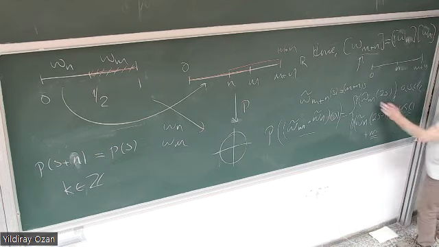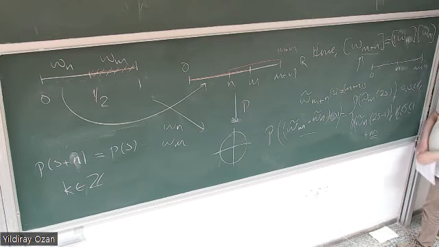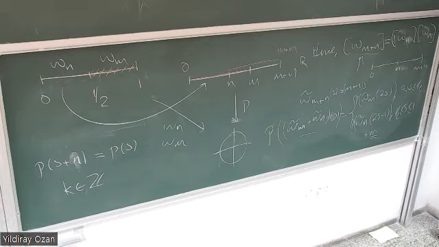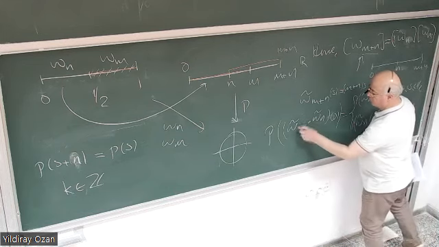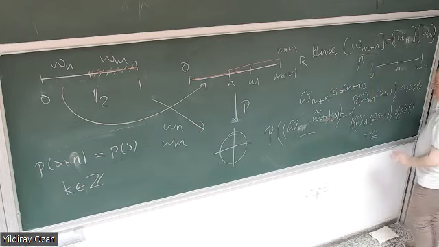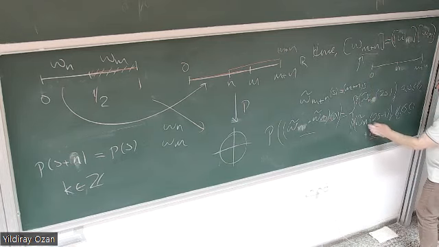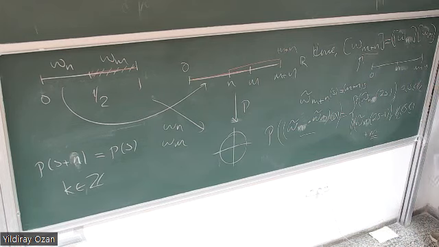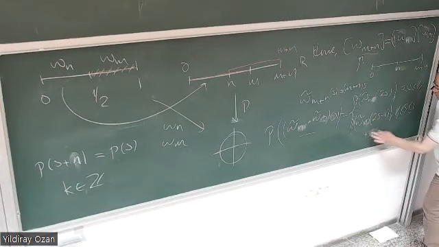Evet, onları karıştırdım galiba, değil mi? Ya şurada şunu karıştırmışım galiba. Şöyle yapacağız. Okay. And here we will add n.